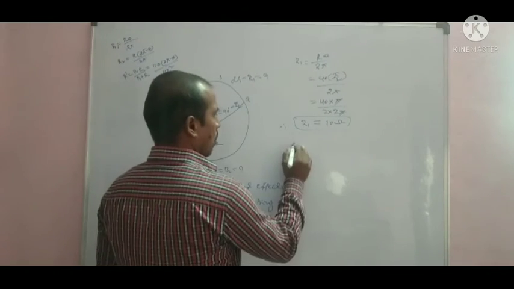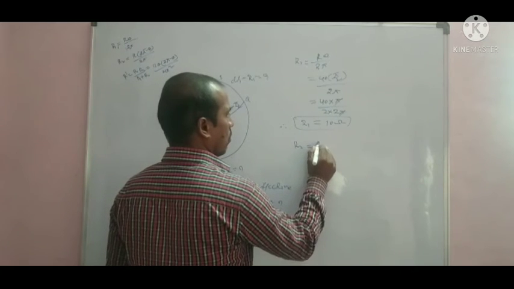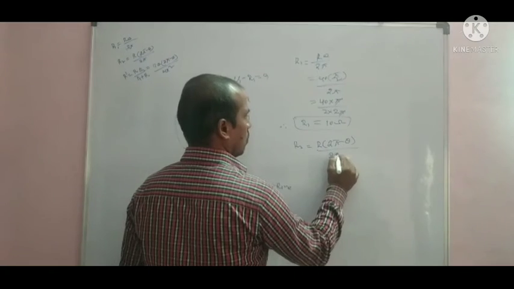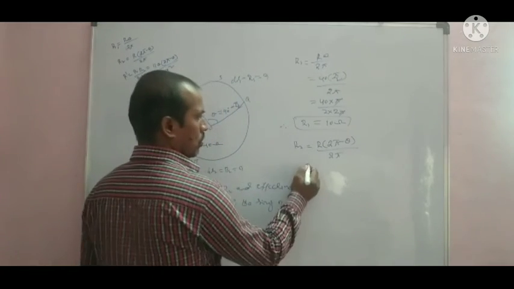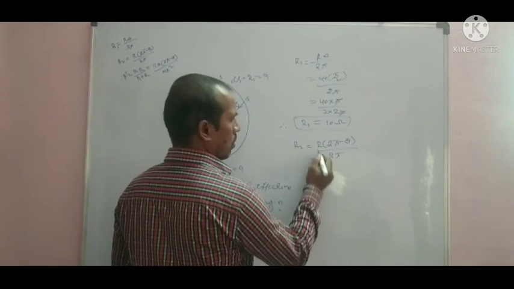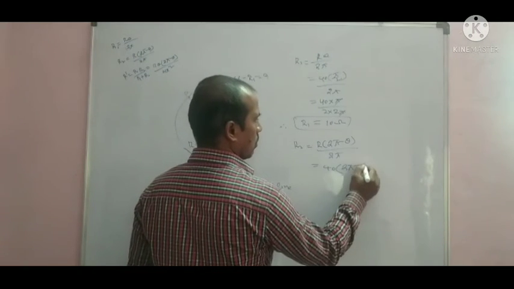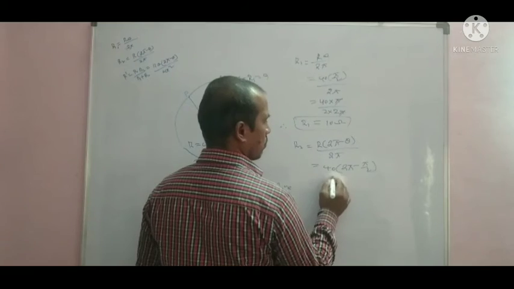Next, R2 is equal to r into 2 pi minus theta by 2 pi. Substituting the values: r is 40 ohm, 2 pi minus pi by 2, the theta value is pi by 2.